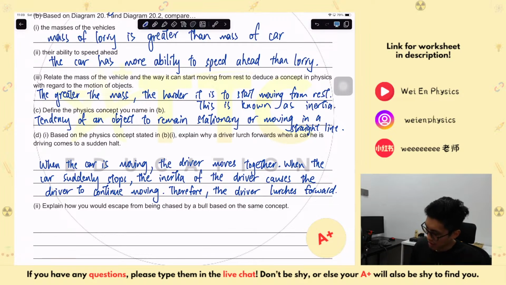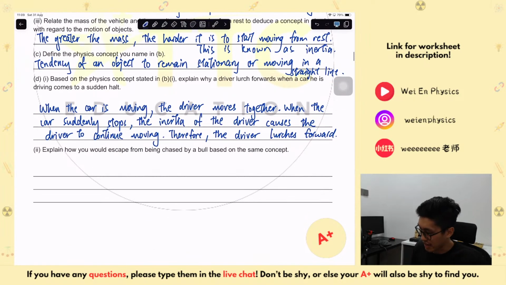Explain how you would escape from being chased by a bull based on the same concept. If you get chased by a bull or an elephant or a hippopotamus, anything that's heavier than you, including if you get chased by your mom, as long as your mom is heavier than you, you can use this same idea.